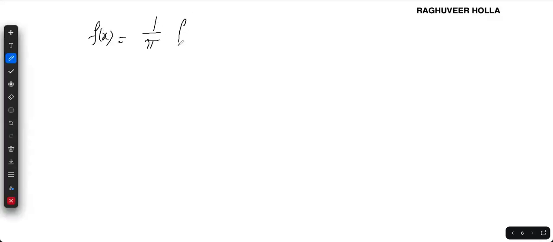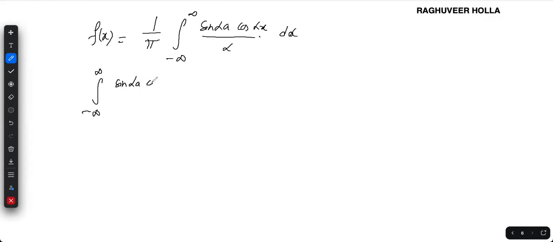Considering only the first term, your f of x becomes 1 by pi integral from minus infinity to infinity of sin alpha a cos alpha x by alpha d alpha. Taking pi to the other side, the integral from minus infinity to infinity of sin alpha a cos alpha x by alpha d alpha is equal to pi times f of x.